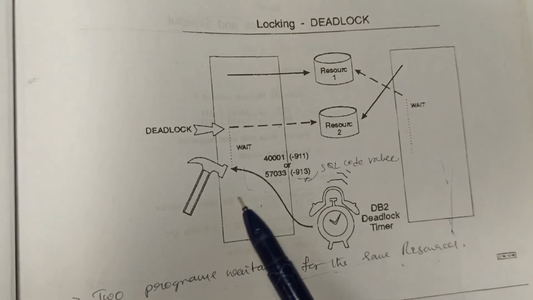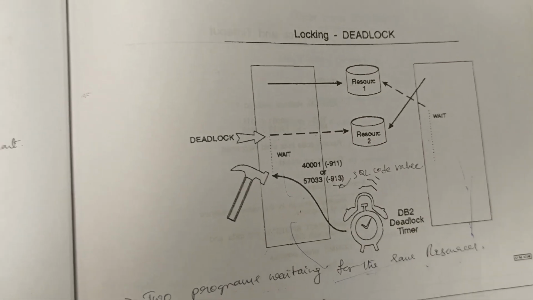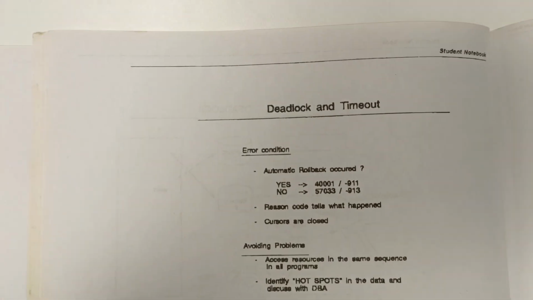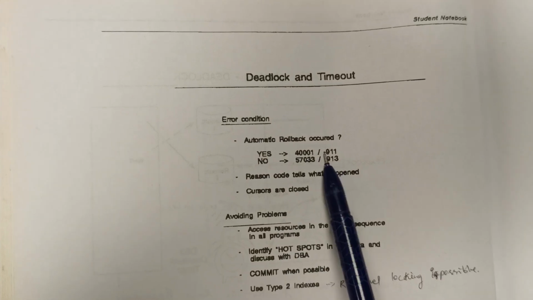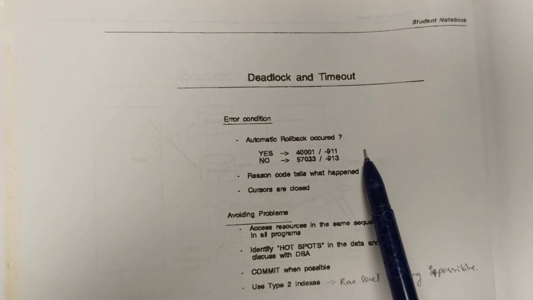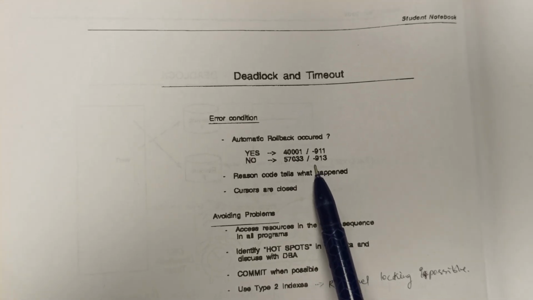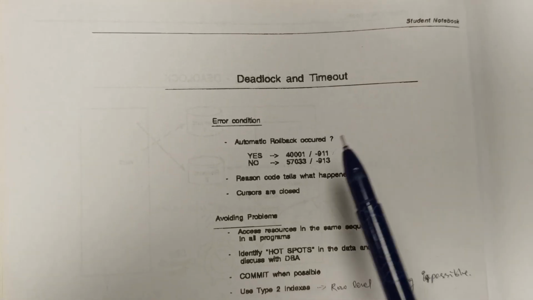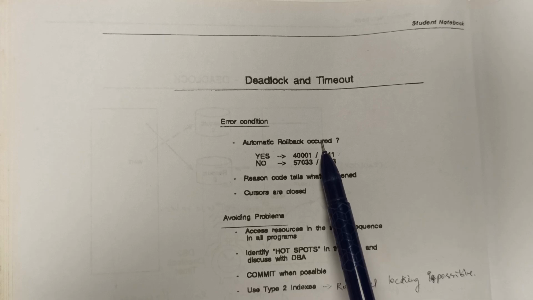The error codes for a deadlock are also -911 and -913. -911 means automatic rollback occurred; then you will get -911. If the automatic rollback does not happen, then you will get -913. Most of the time you will get -911, because the program automatically handles the error condition with an automatic rollback.